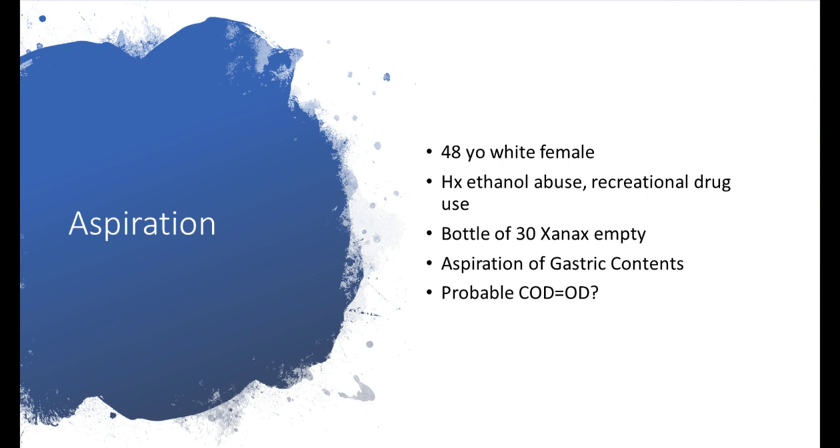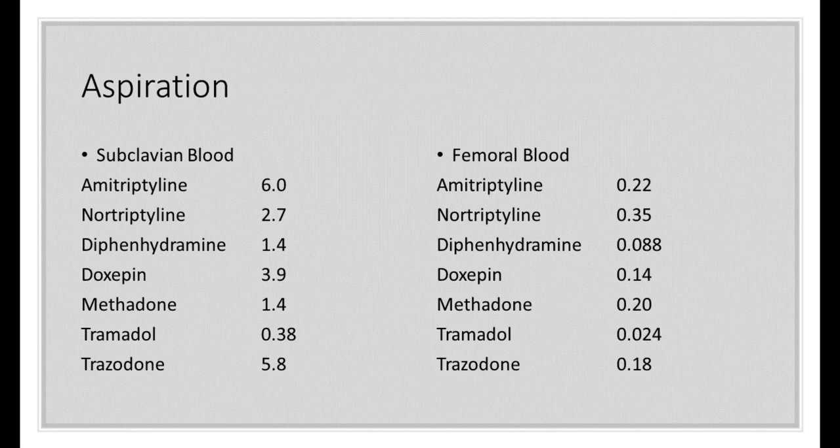So in this case, a 48-year-old white female has a history of ethanol abuse and recreational drug abuse. She has a bottle of 30 Xanax, which is empty, and aspiration of gastric contents. As you can see here, the subclavian blood, which is generally considered a specimen that's between central and peripheral, has concentrations that are lower than central but higher than peripheral.